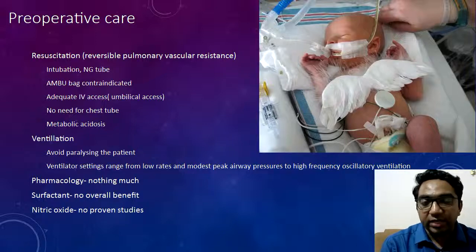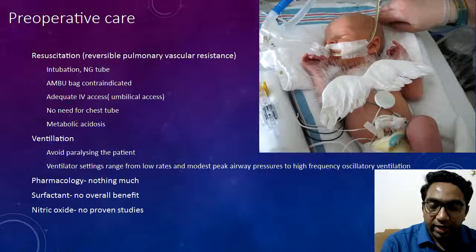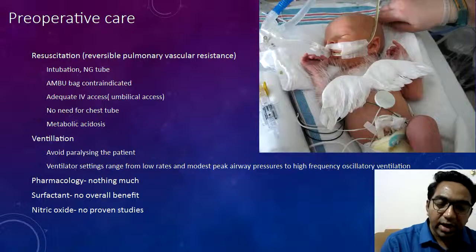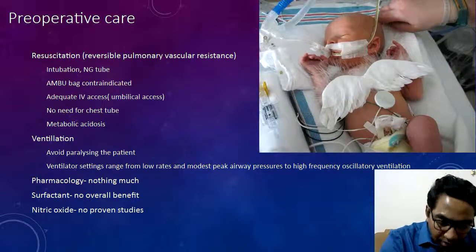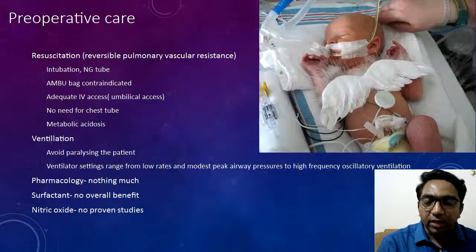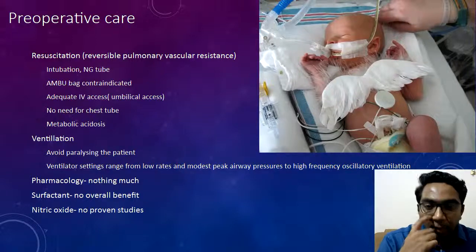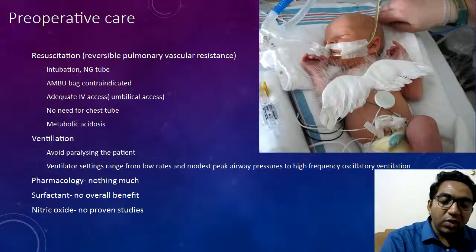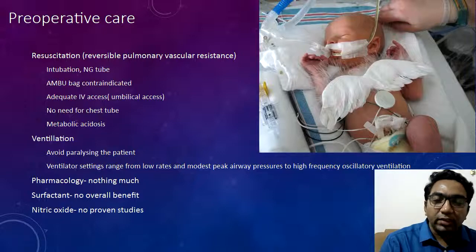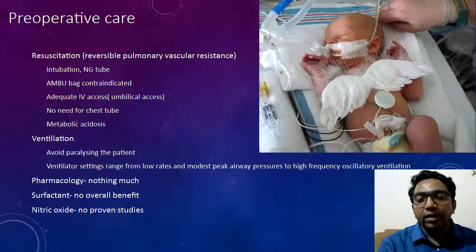We have to intubate the patient. A nasogastric tube has to be put to decompress the abdominal content, so that the abdominal compartment pressure is decreased and the air in the bowel escapes out, and the bowel comes down into the abdomen. Ambu bag is contraindicated because we can push air both into the abdomen and into the lung.